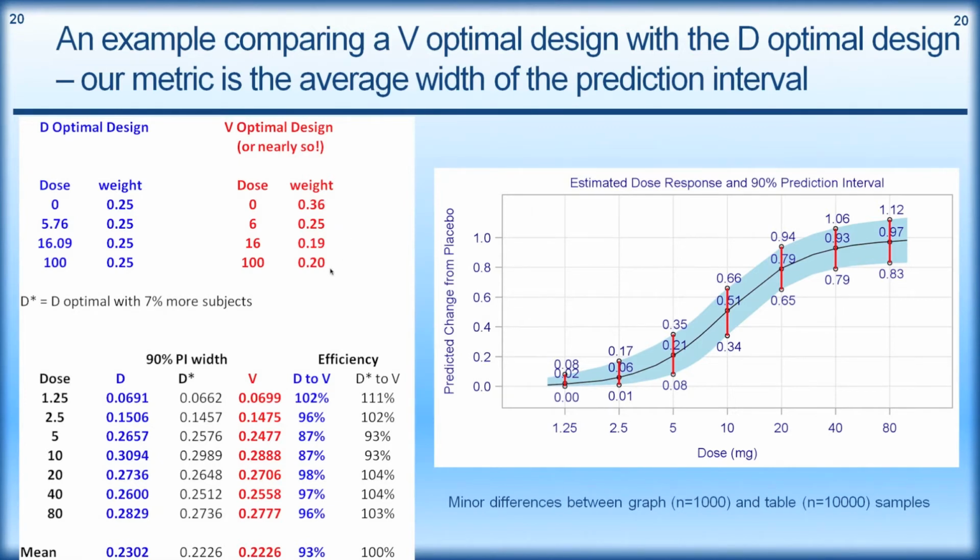For the same sample size, we can calculate the width of the 90% prediction interval, and we're interested in comparing these numbers with these numbers. In the middle here we have a D star, which is just a D-optimal design but with 7% more subjects. If we look at the average width of that 90% prediction interval for the D-optimal design, the V-optimal design is doing better. And if we take the D-optimal design and increase it by about 7%, we get something similar.